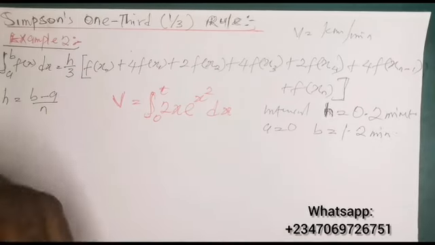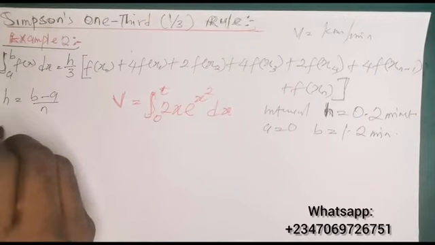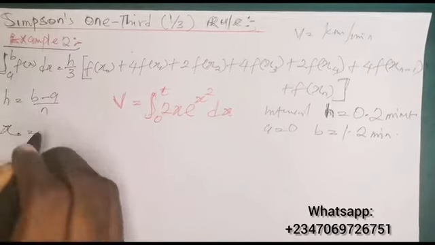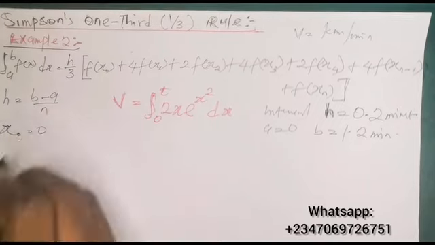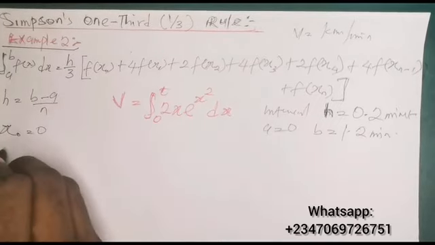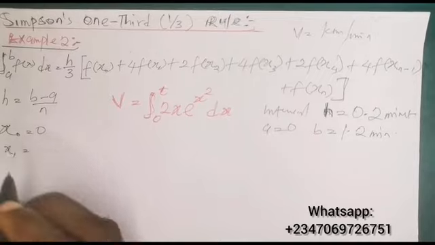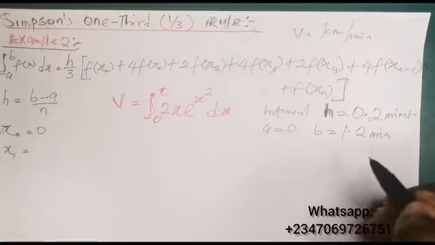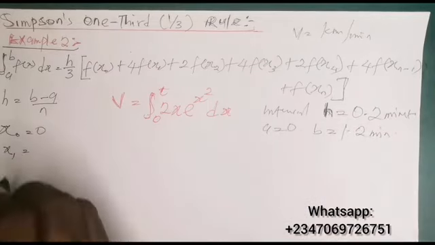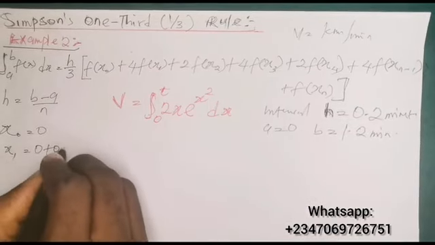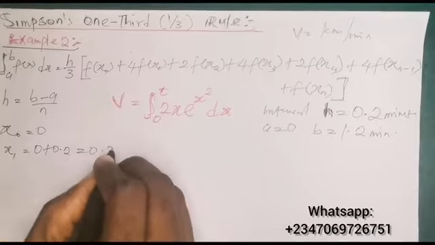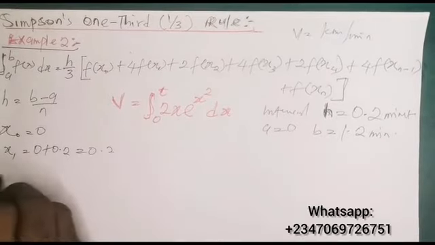So we start with the first x naught, just like we did in the previous video. x naught is the very first limit, in this case 0. Now you find x1. x1 simply means add the interval, 0.2, to 0. So you have 0 plus 0.2, which gives us 0.2.